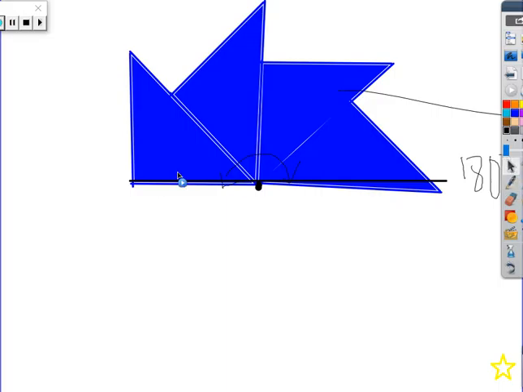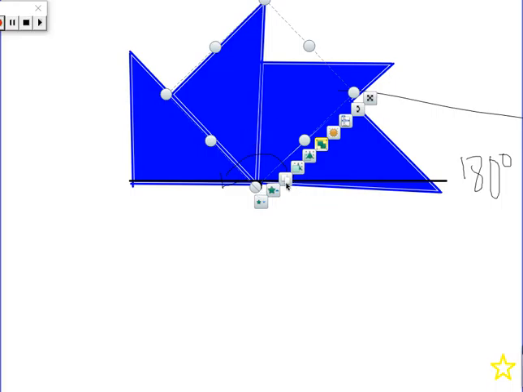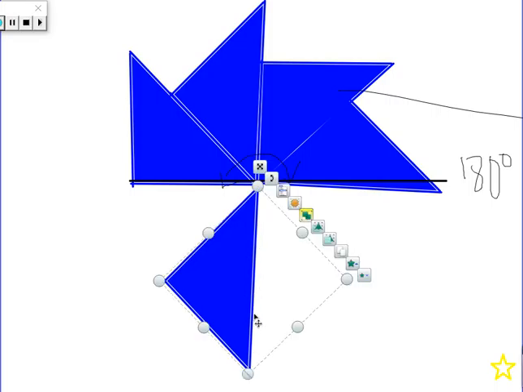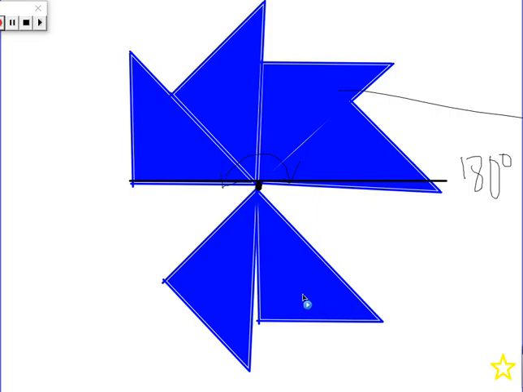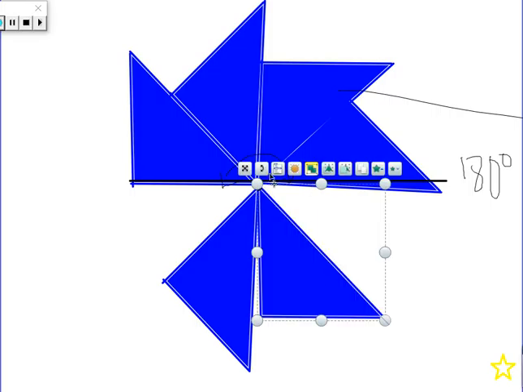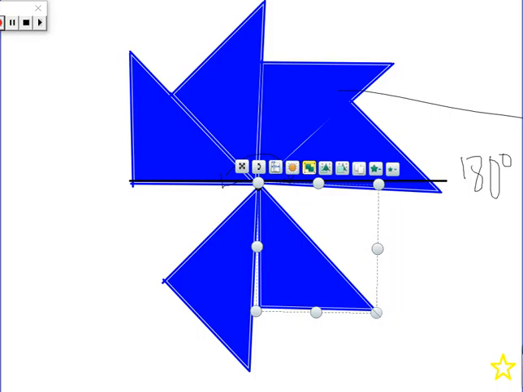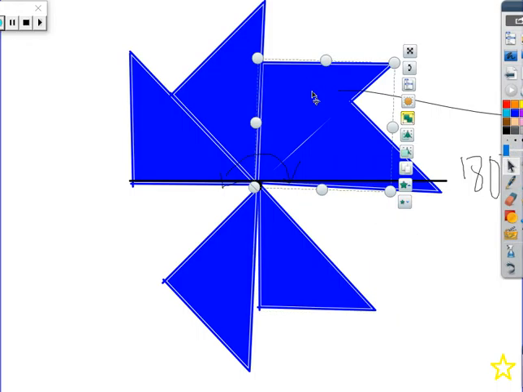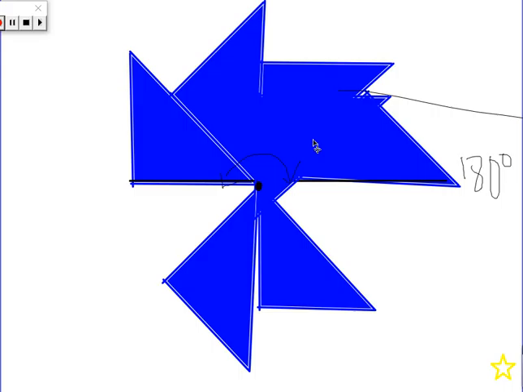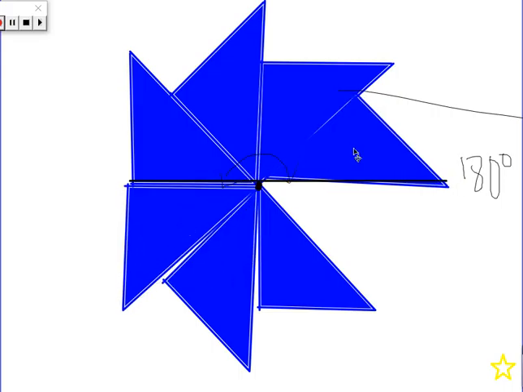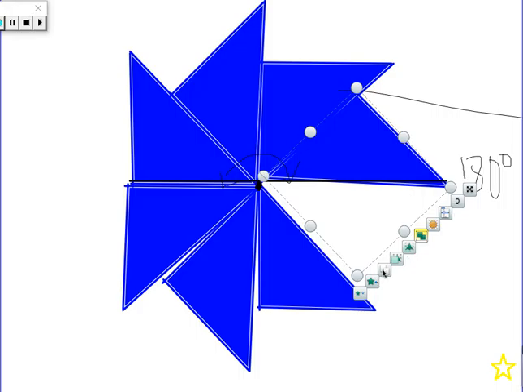If I would do this all the way around and keep adding, and if you have these, you certainly could be making this yourself so you can see it.